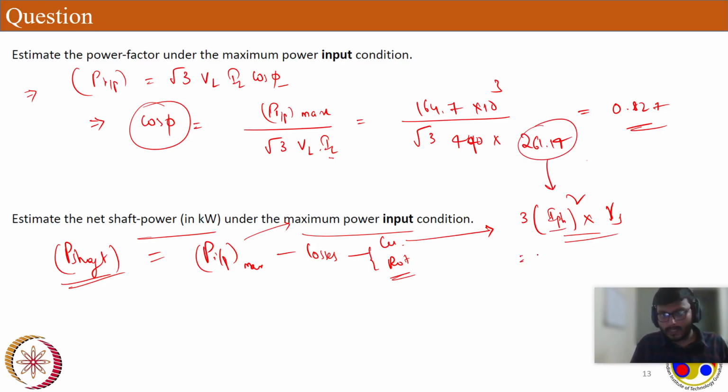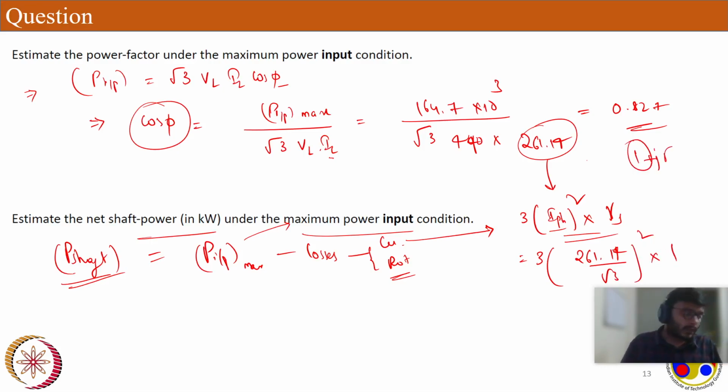So 3 multiplied by 261.14 by root 3 whole square multiplied by the resistance. The impedance is 1 plus J5, the resistance part is only 1. Now let's calculate this copper loss: 3 into 261.14 divided by root 3 whole square multiplied by 1. Now 68.194 kilowatt.